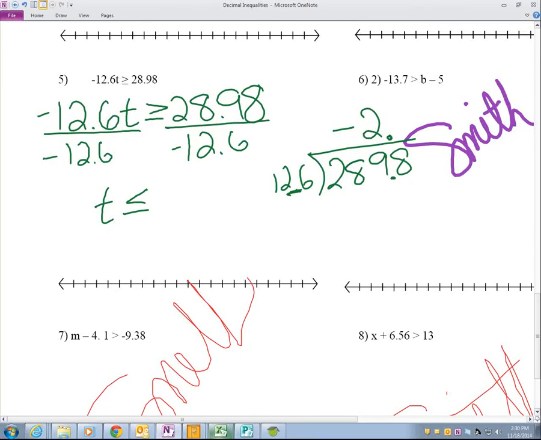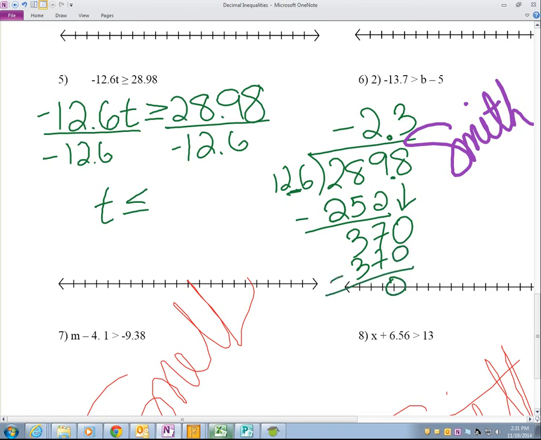Oh, sorry. 252. So it becomes negative 2.3.